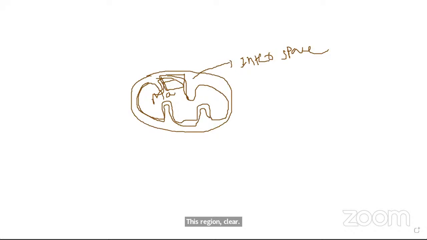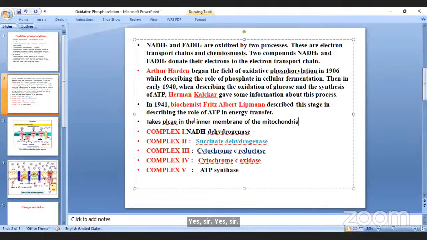So now inside is the matrix, outside the inner membrane is the intermembrane space, this is the inner membrane, the folding inner membrane, right? So this takes place in the inner membrane of mitochondria. Is the location clear?